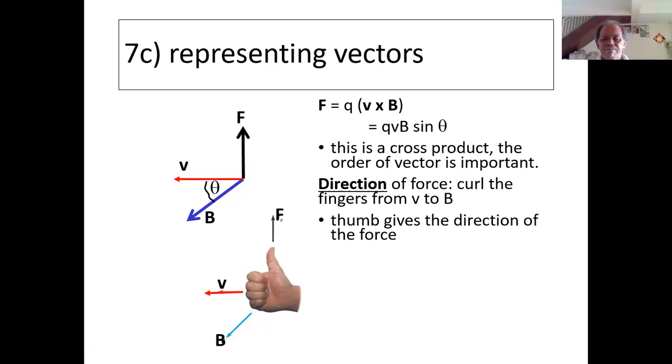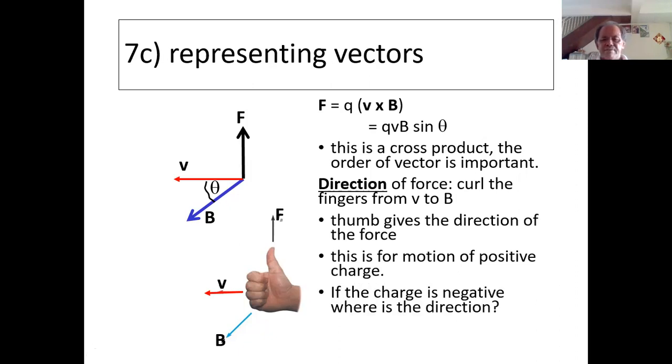One rule only: the thumb gives the direction of the force. This is the case for positive charge only. So if the charge is negative, where would the force go? If that moving charge is negative, where would the force be?